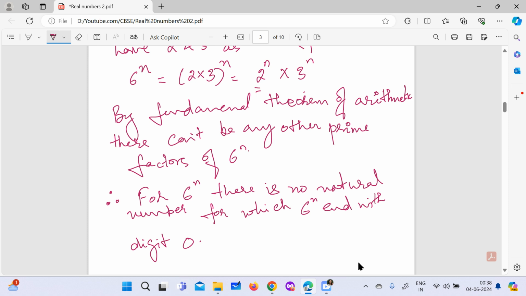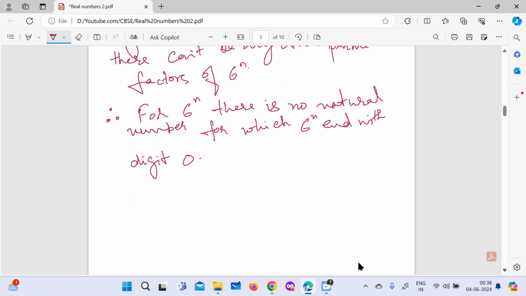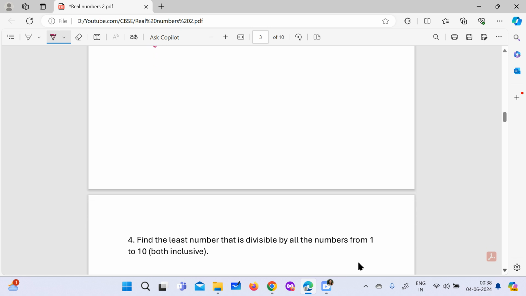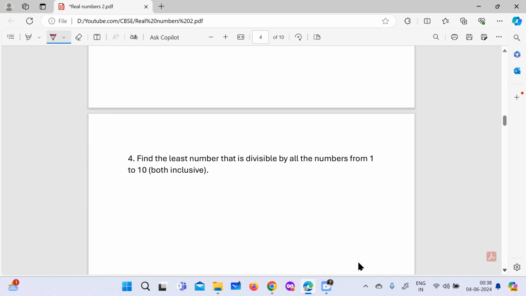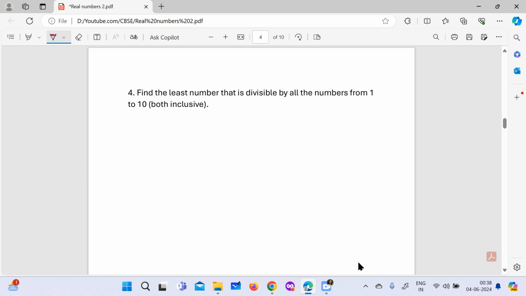I have seen in many papers there are many questions like this. You can also have a question like 4 to the power of n, or 12 to the power of n. This is the same method you have to use every time.